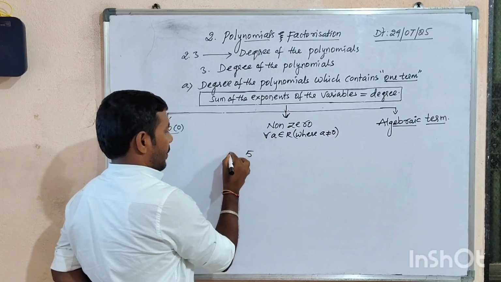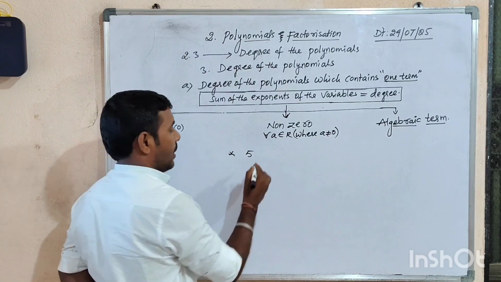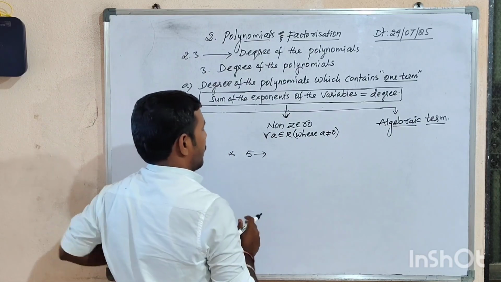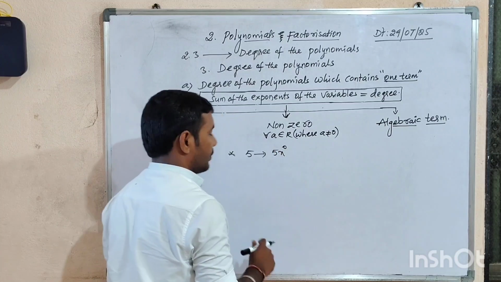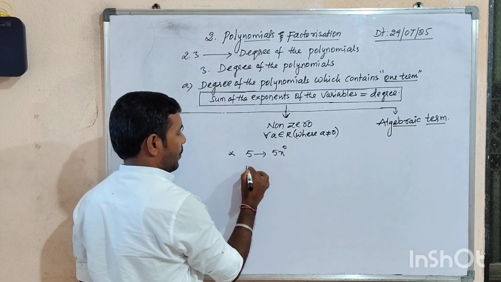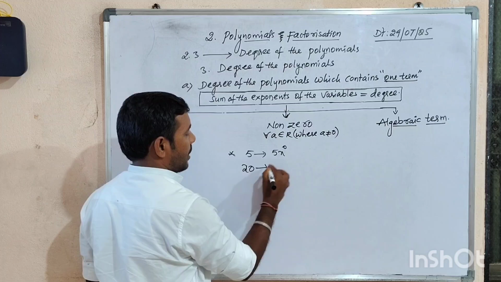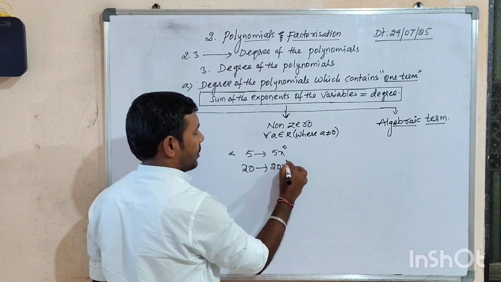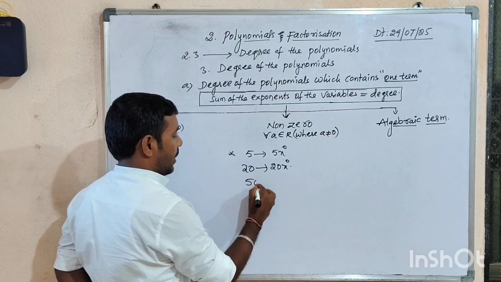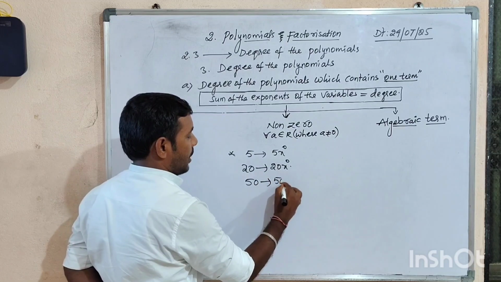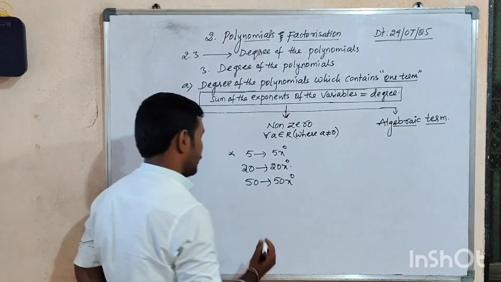One more important thing I want to say. 5 can be written as 5x to the power of 0. 20 can be written as 20x to the power of 0. 50 can be written as 50x to the power of 0.